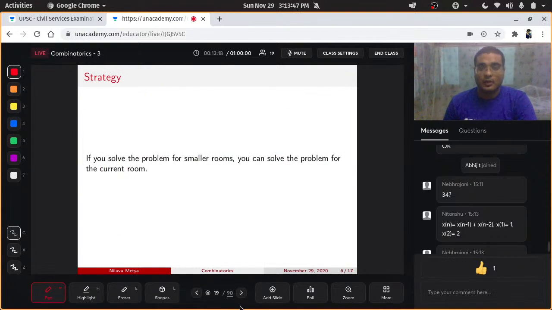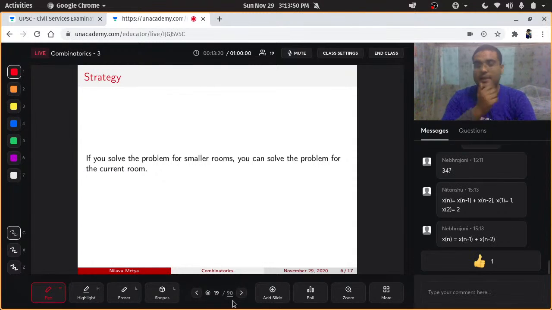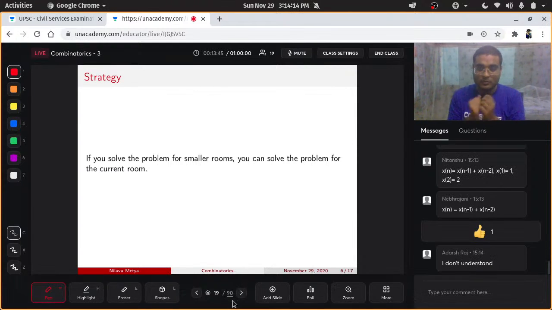So the message I want to send is that our strategy will be: if we have solved for smaller rooms, and we relate how the current room is built up from the answers of the smaller rooms, then we can solve it for the smaller rooms, which are easier to solve than the bigger room. Adarsh says he doesn't understand. So did you understand the question?